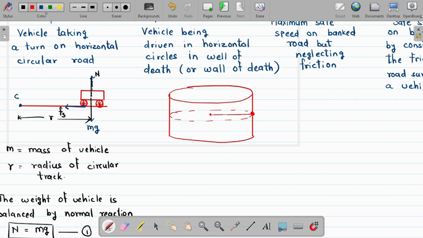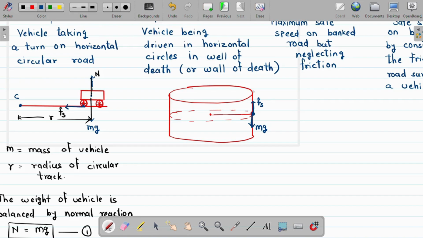Here we are considering the motorcyclist as a point mass like this. So its weight naturally is acting in a vertically downward direction. Just to avoid the slipping in the vertically downward direction, a force of friction comes into the picture, which obviously acts in a vertically upward direction.